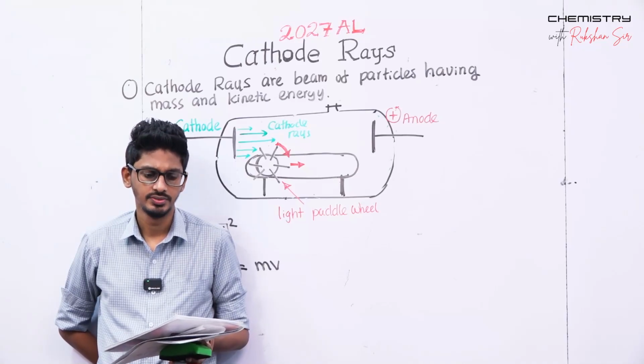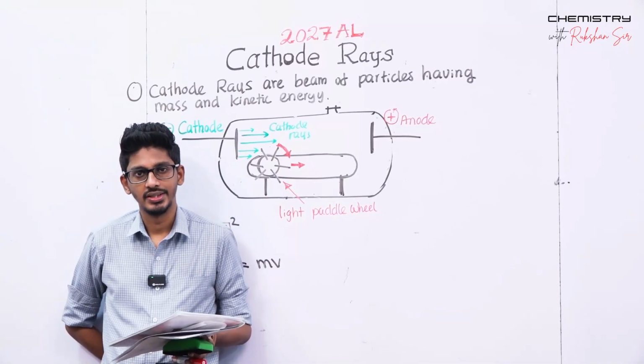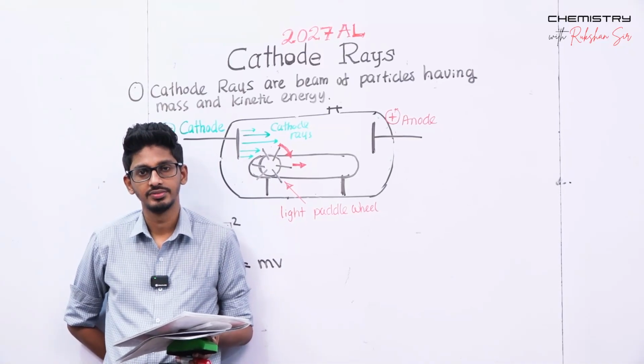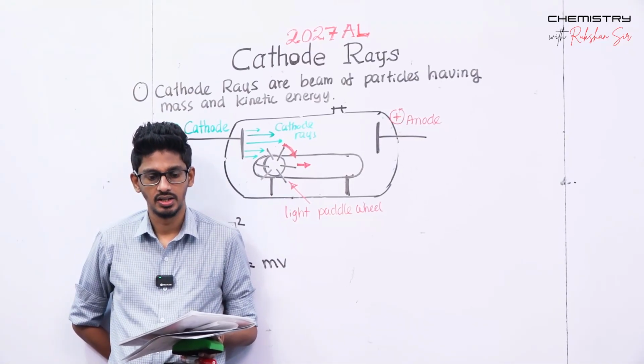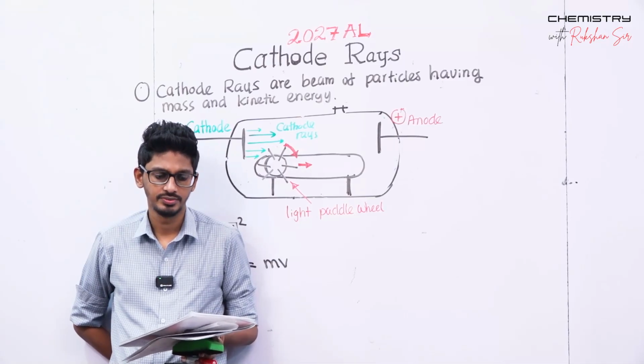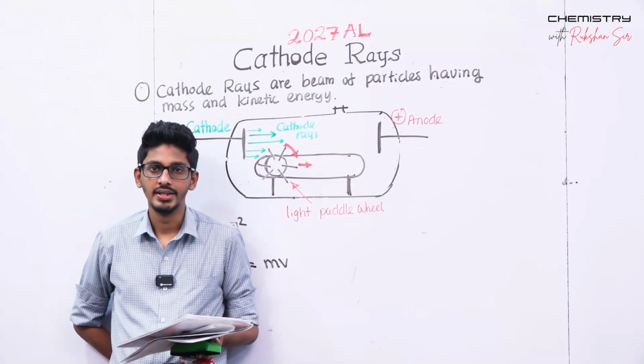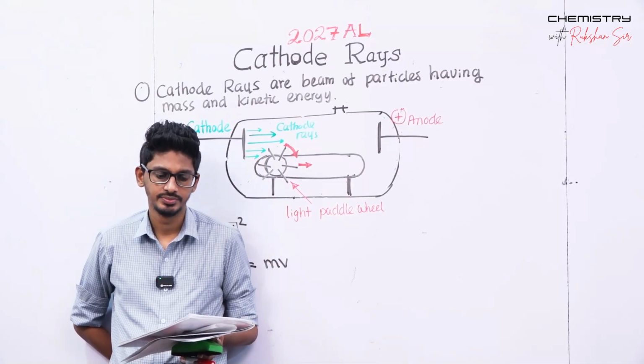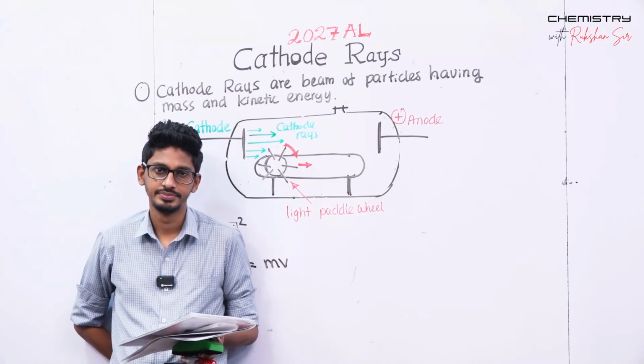Come to the normal color, in the path of cathode rays, in a discharge tube.